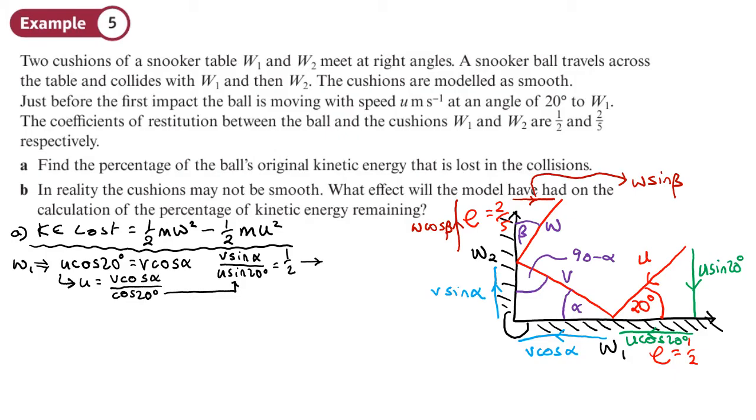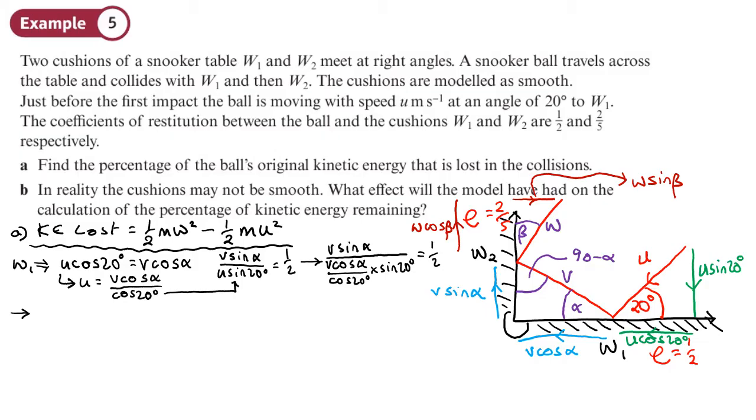So I will have v sine alpha over u, which is v cos alpha over cos 20, times by sine 20. That equals a half.